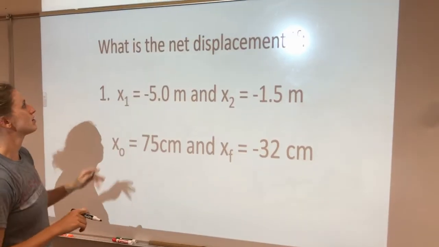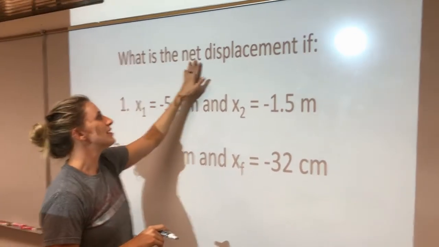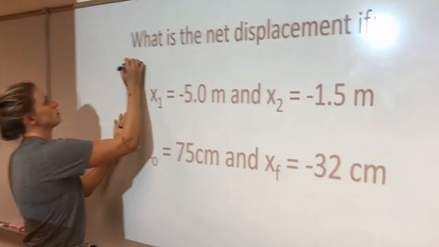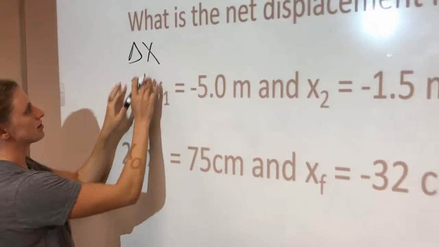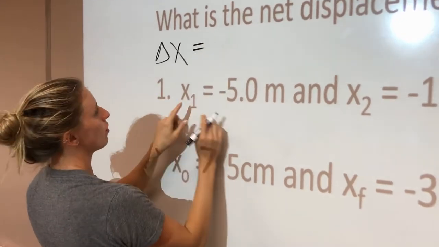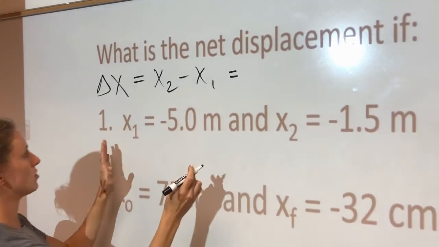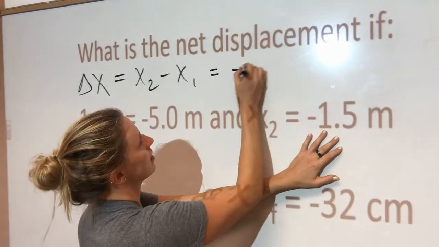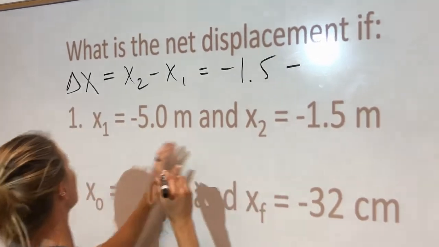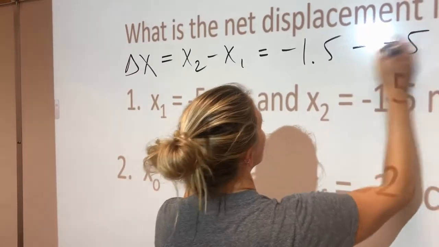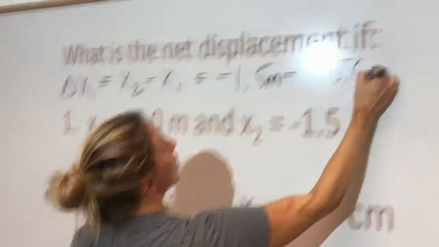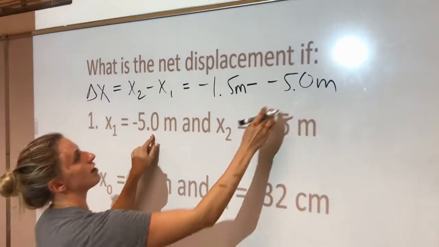Let's do some practice. So the question is, what is the net displacement? So again, delta x is my net displacement. So I've got x2 minus x1 is going to get me my answer. So x2 is negative 1.5 meters, and I subtract a negative 5 meters there.